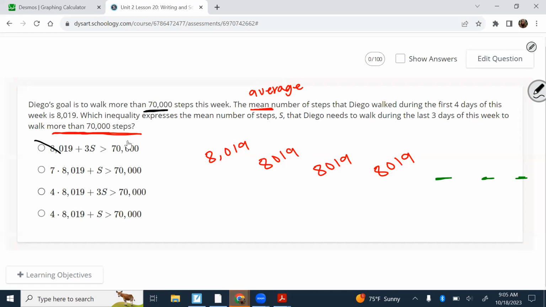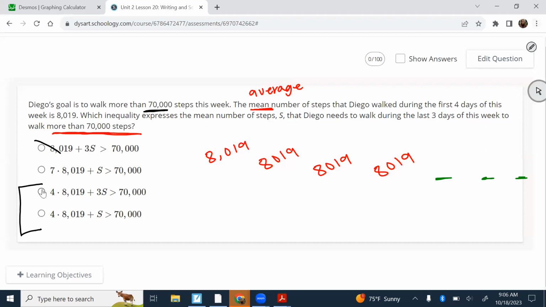So probably one of these two, where they're multiplying the 4 by this, but then this part is different. So which one would make more sense to do that? And it says that S is for steps, the average number of steps that you would need to walk. Oh, yeah. Okay, I think so too.